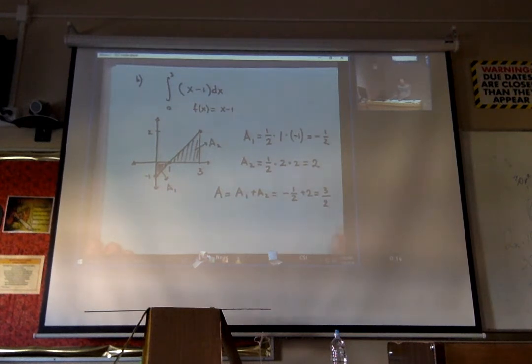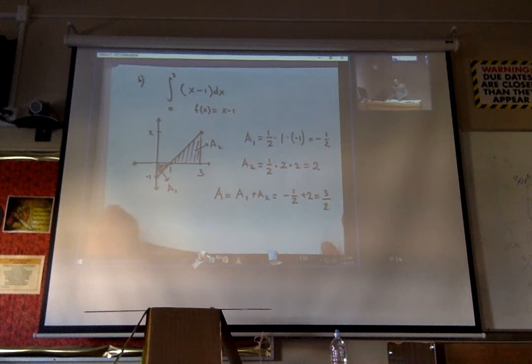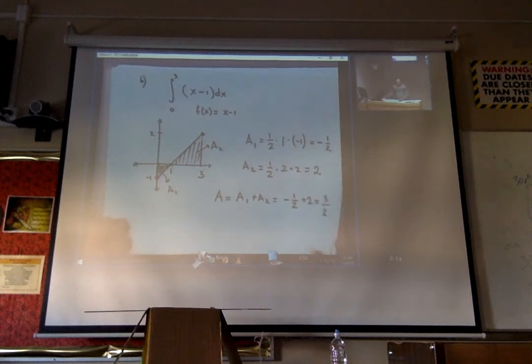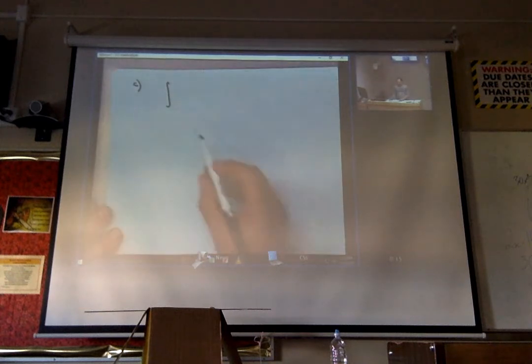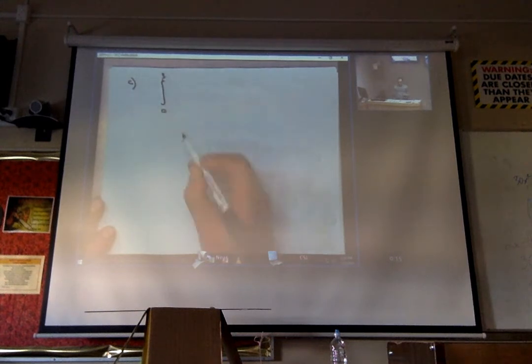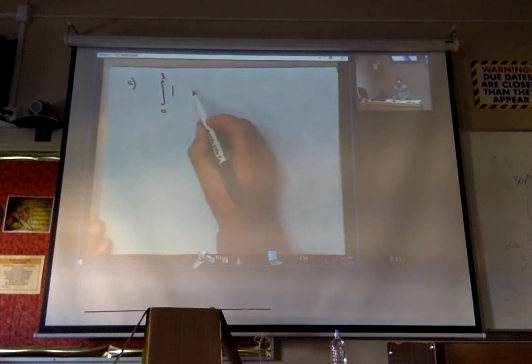Okay. So let's do one more. And I'm going to bring absolute value, because you like absolute value. So we go with the integral. Let's do the same thing we just had with the B question, except instead of having x minus 1 as the function, I actually like to put the absolute value of x minus 1.